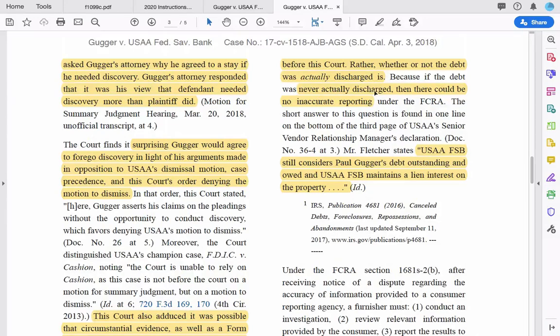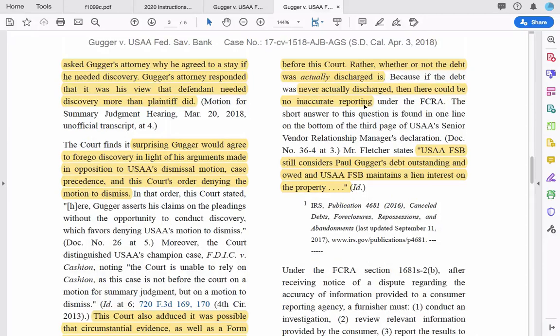Because if it's never discharged, there can be no inaccurate reporting. And that makes sense. So the consumer can say, well, I thought it was discharged, and I think they did a lousy investigation because they should have gotten rid of this debt off my credit report. But if it turns out the debt was not discharged, then that argument falls apart.